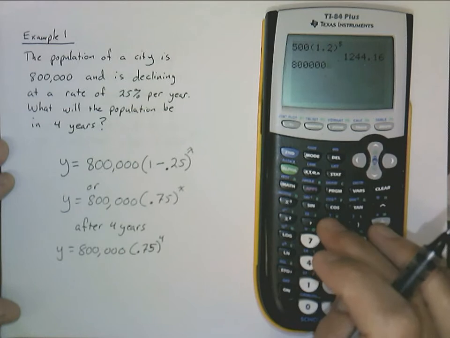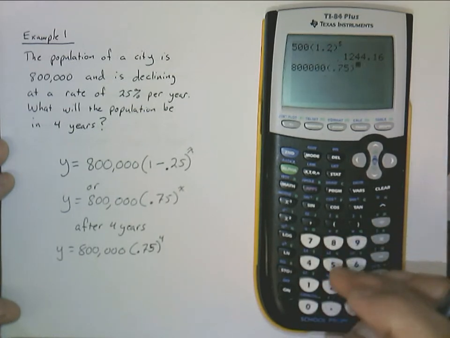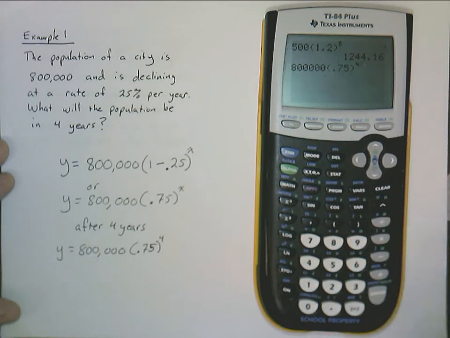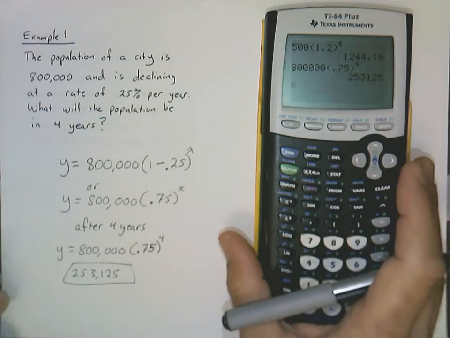And we're going to end up with our new population after 4 years being 253,125. Fairly simple, right? Let's look at another example.